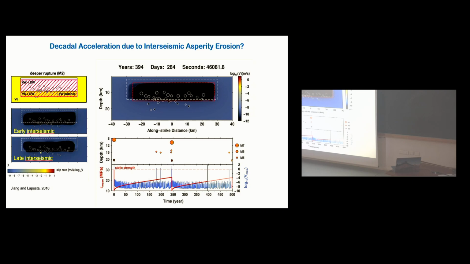Those are all probably real processes and would make everything messier. The Earth is always messier than our models, and as we saw even in the lab, things are much messier than the simple theory, so my guess would be that it's the latter.